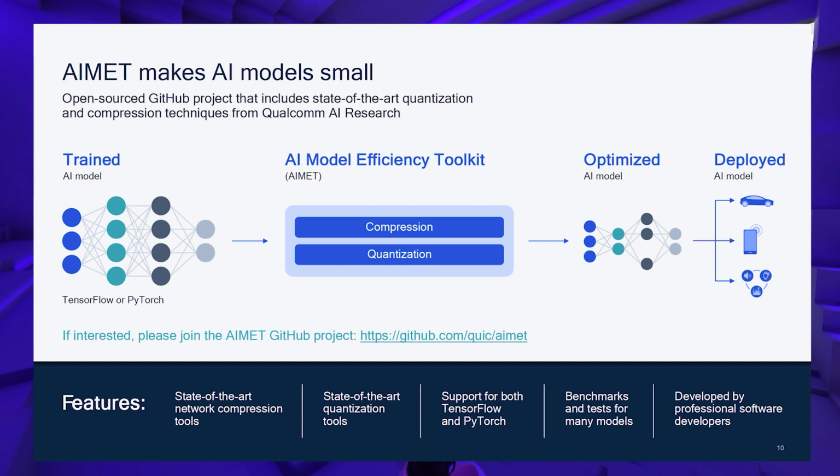So a toolkit like the AI Model Efficiency Toolkit does two main operations, which is compressing these models, essentially reducing the model weights itself. You could, for example, imagine removing some of the connections within a fully connected network, and still the network performs pretty well. So essentially you're removing connections, and as a result the model is smaller, but still the performance is maintained.